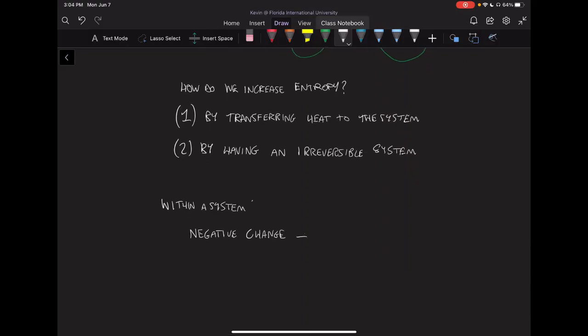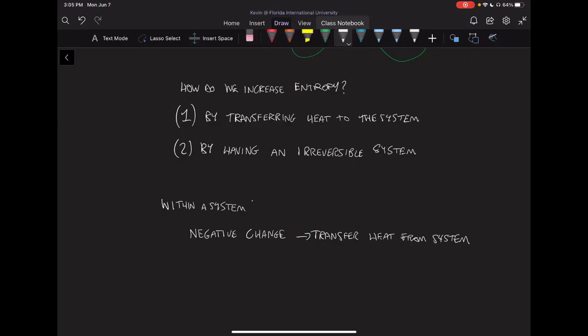We can transfer heat from the system. And if we remember earlier when we were doing the aluminum problem with the iron problem, we saw that the change in entropy for the aluminum was negative. It's because heat was leaving the system.